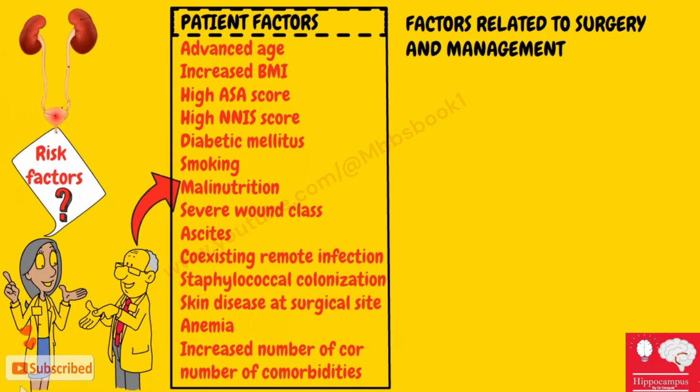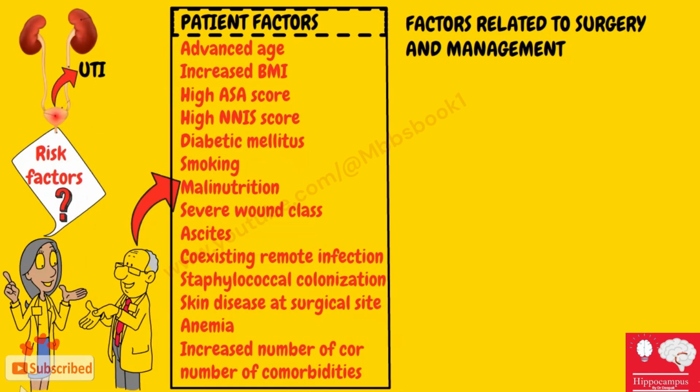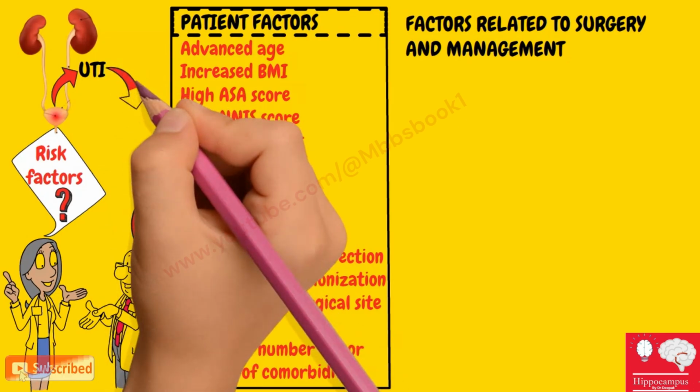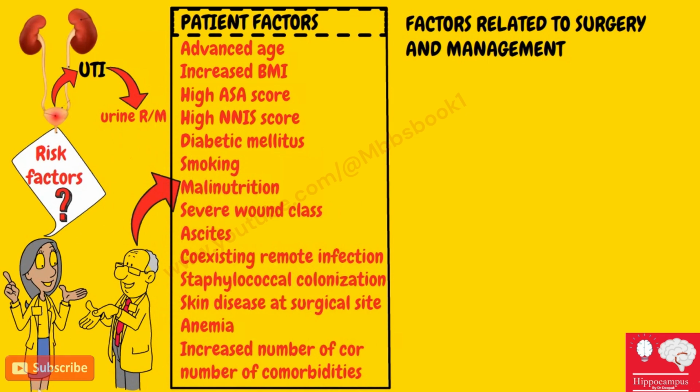Now, some patients might have an asymptomatic UTI, that is urinary tract infection, and if you carry out surgery on them, then they can develop a surgical site infection secondary to that urinary tract infection. So we should get a urine routine examination before surgery.